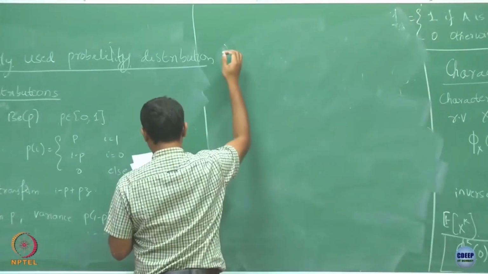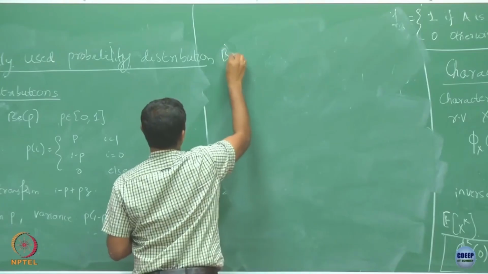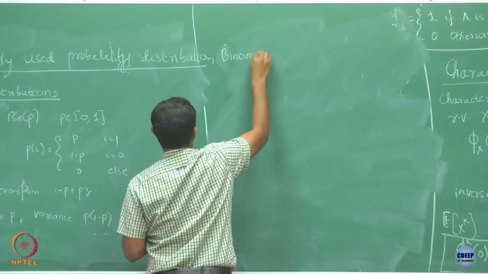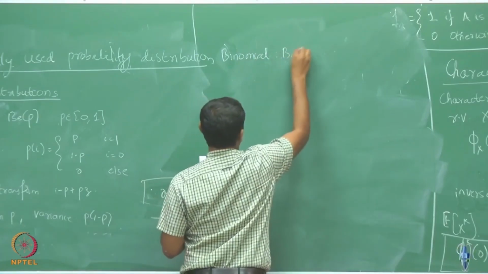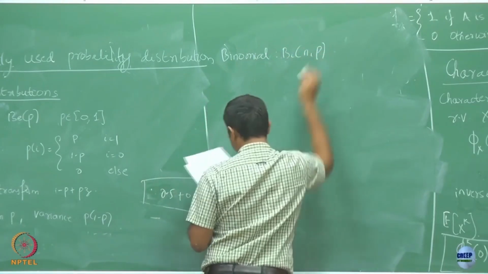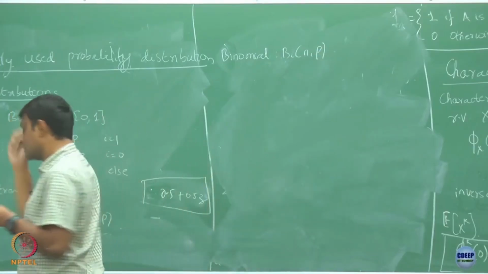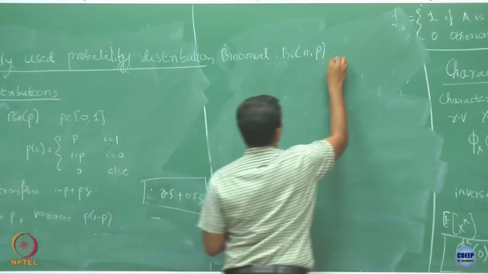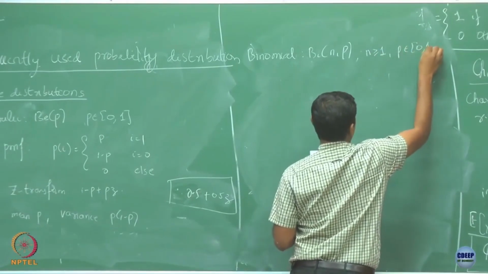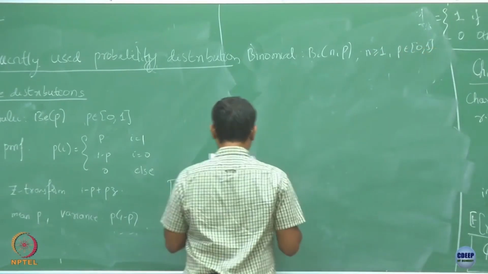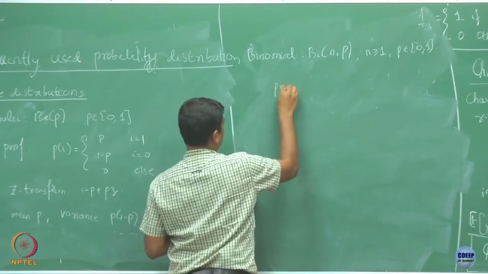The second is what we call the binomial, and it has two parameters n comma p, where n is greater than or equal to 1 and p is in the interval 0, 1, and its PMF is of the following format.